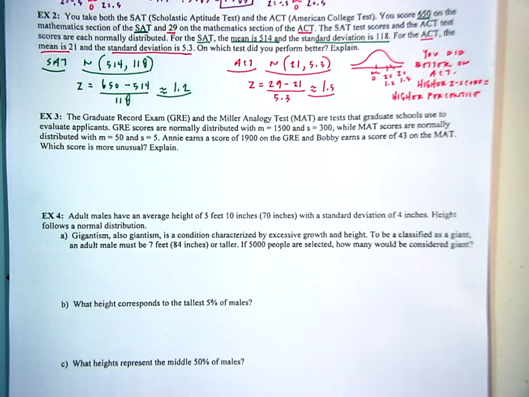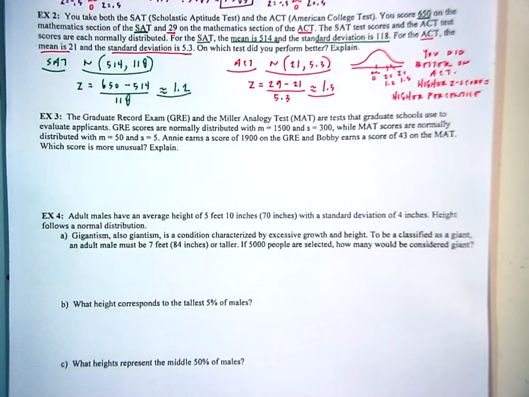So on a standardized test like this, you want to be in the 90th percentile instead of the 85th percentile, for example, right? A higher percentile means that you are outperforming a greater proportion of your peer group.